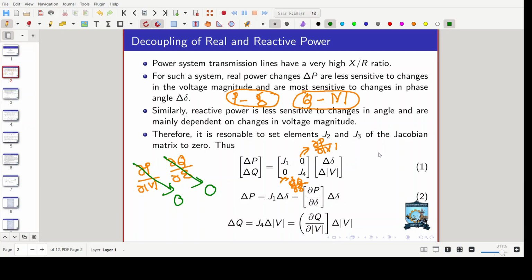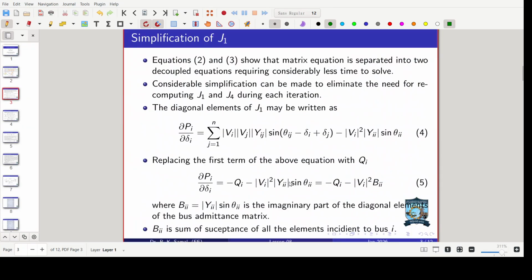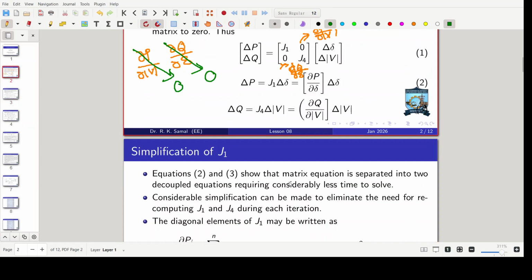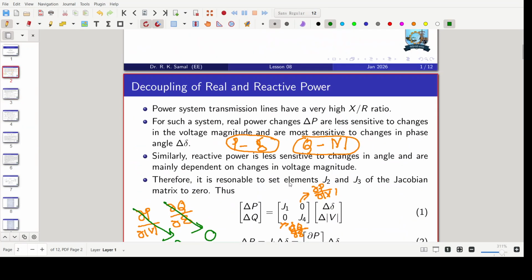Similarly, the change in the reactive power is equal to the partial derivative of reactive power with respect to voltage magnitude times the change in the voltage magnitude. Now, this is known as decoupled load flow.